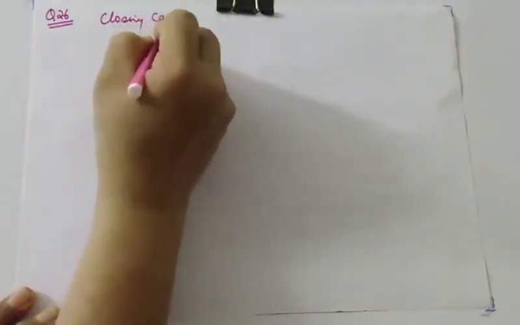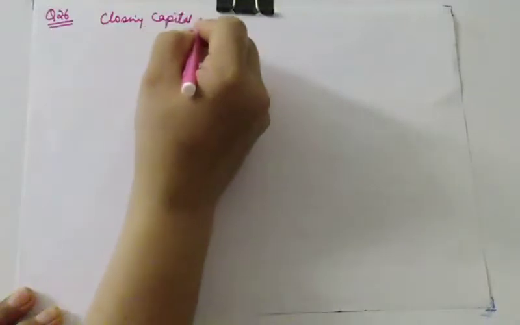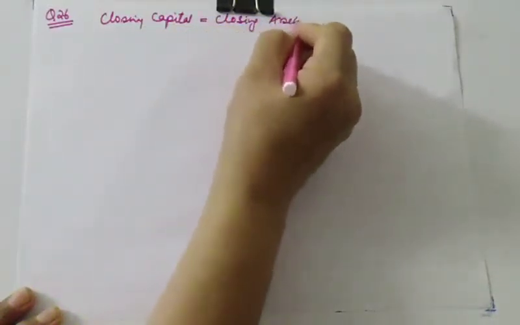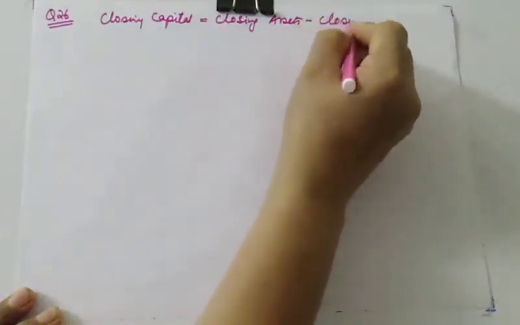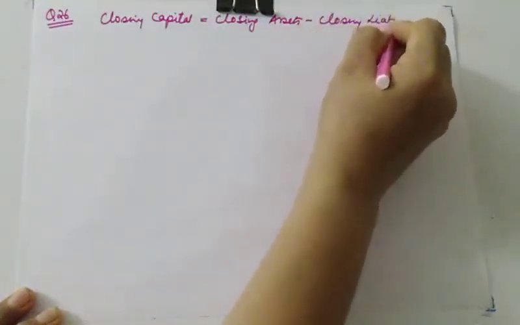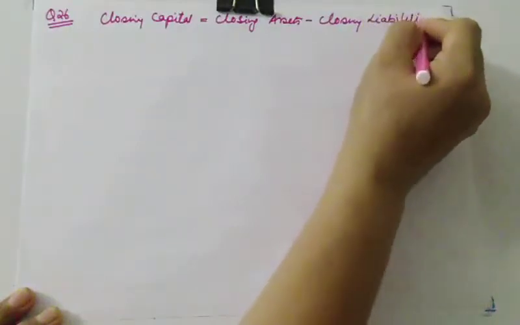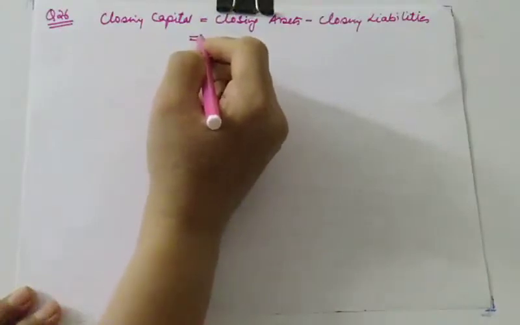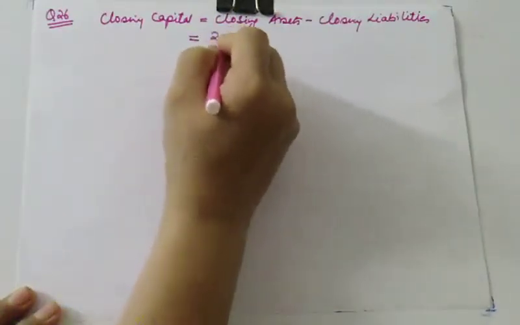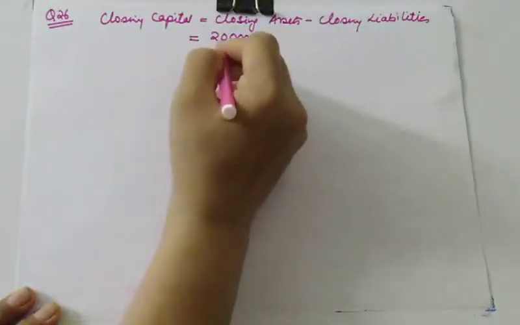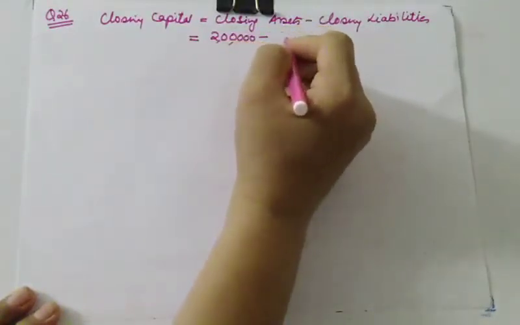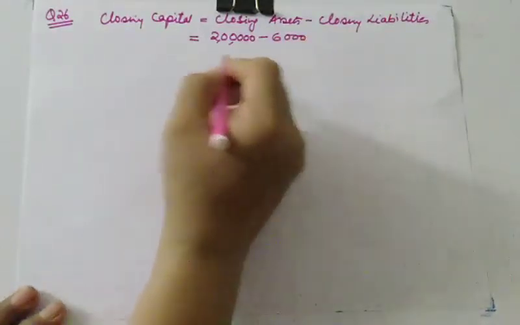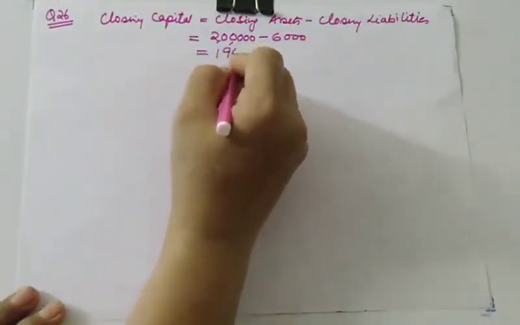Closing capital is equal to closing assets minus closing liabilities, which are given to us as: closing assets are rupees 2 lakhs and closing liabilities are 6,000. So through this we'll get closing capital as 1,94,000.